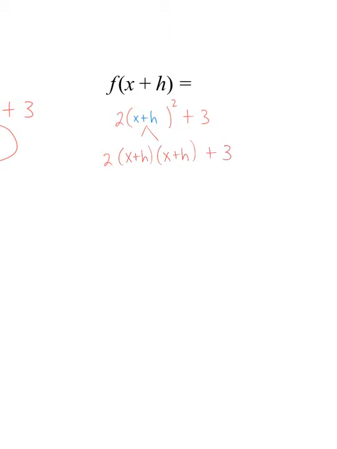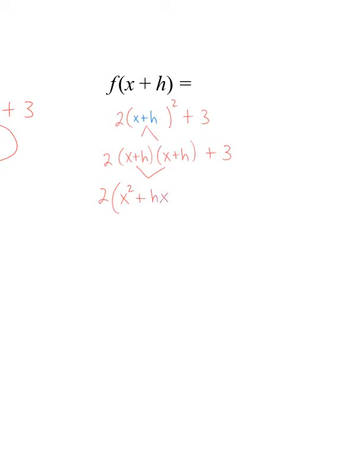Now, I'm going to bring the 2 down and I'm going to multiply these 2 together. You can either use FOIL or you can use area boxes. If I square the first 2 terms, x times x gives me x squared. If I multiply the outside 2 terms, I get h times x. I like to put them in alphabetical order, it really doesn't matter.